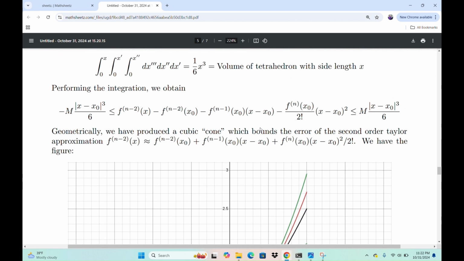Now this black line is the second order Taylor approximation of the n minus 2 derivative, right? We've integrated, and now we're approximating the n minus 2 derivative by the second order Taylor expansion, and we've bounded it in this cubic error cone.